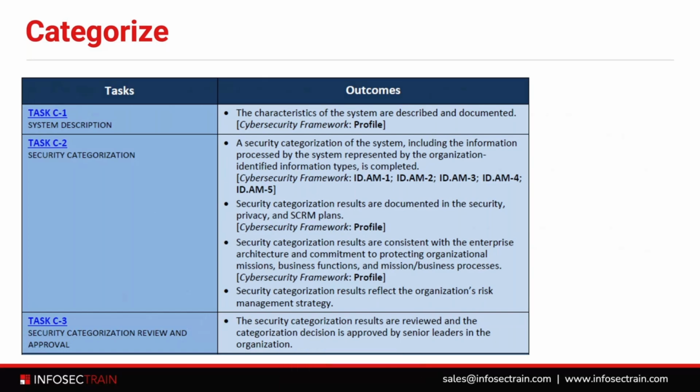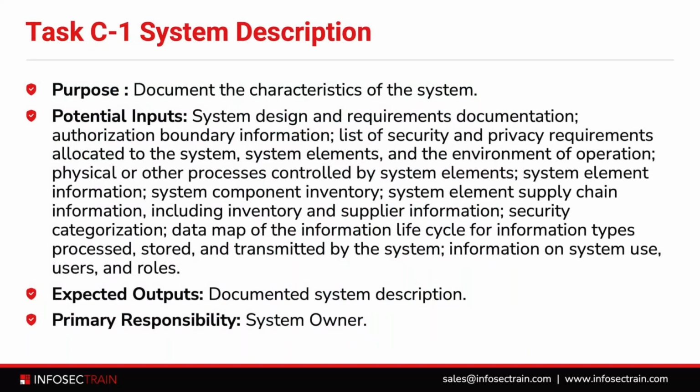So the first task, system description, the purpose is to document all the characteristics of the system. Okay. In this, system design and requirements documentation is done. A detailed, we can say, HLD and LLD of the information systems is recorded, and its dependencies with the internal and external systems have to be understood in this particular system description.